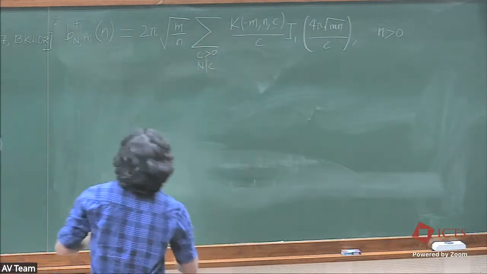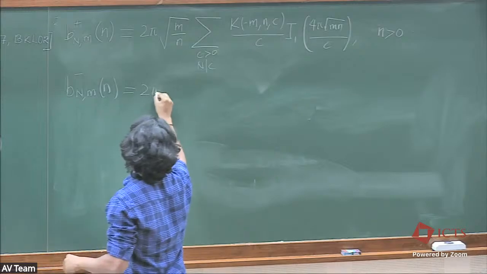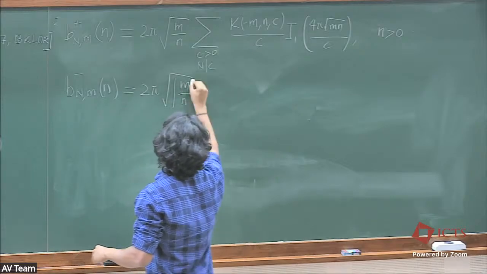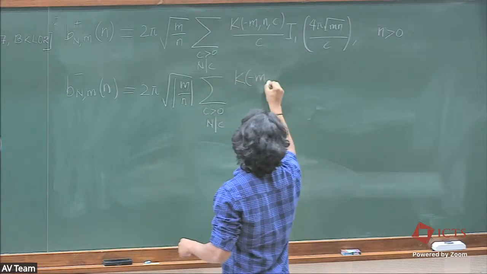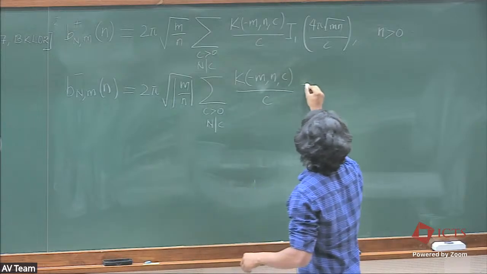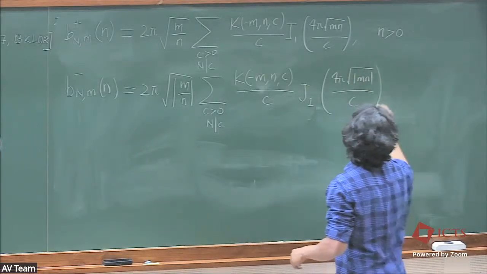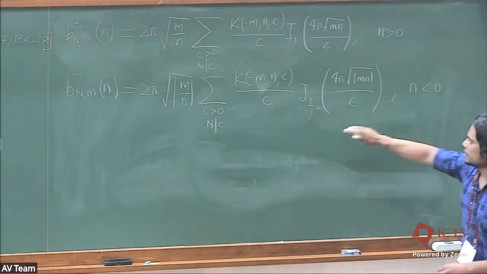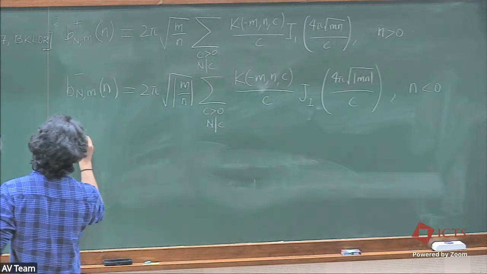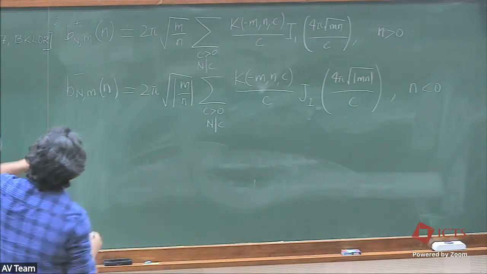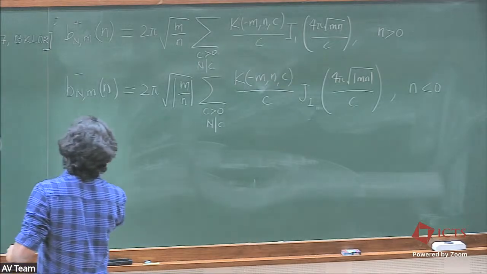K is the Kloosterman sum. For n less than 0, we have the other Bessel function appearing here. The constant term I probably don't need to write because we have already subtracted it off. K is the Kloosterman sum.